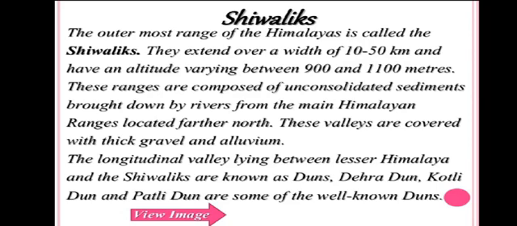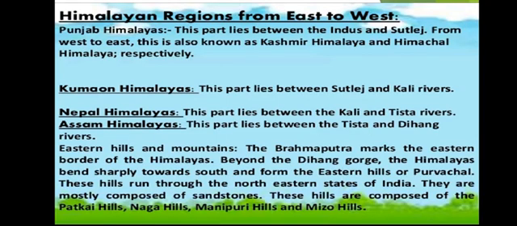These ranges are prone to earthquakes and landslides, and various longitudinal valleys are here, and they are called dunes like Dehradun, Kotli Dun, Patli Dun, etc. Himadri, Himachal and Shivaliks were from north to south.